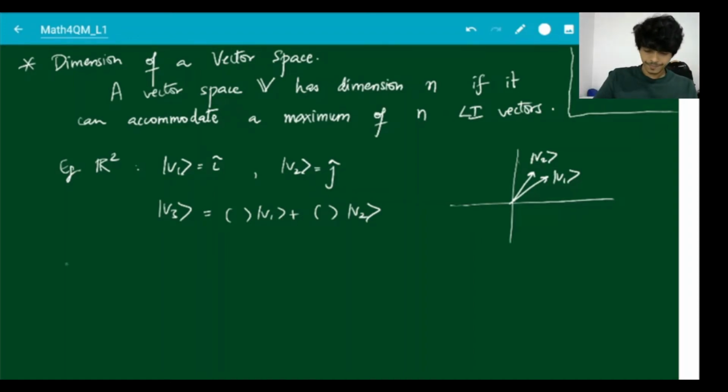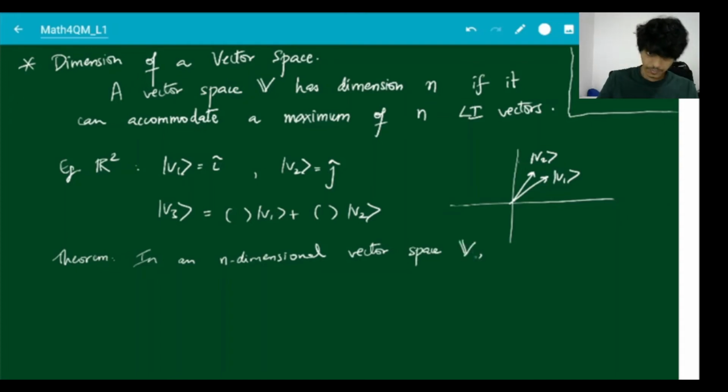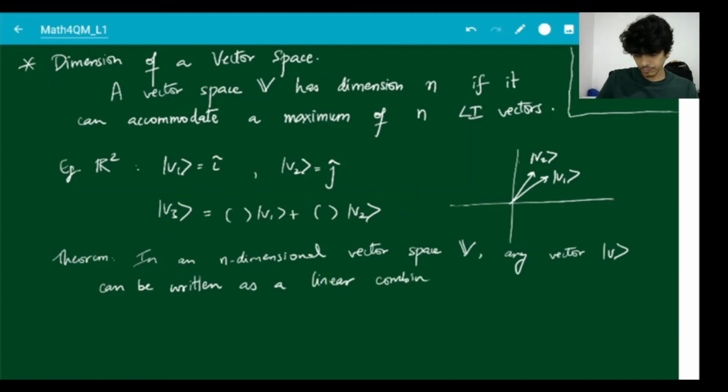There is a theorem which says that in an n-dimensional vector space, any vector v can be written as a linear combination of n linearly independent vectors.